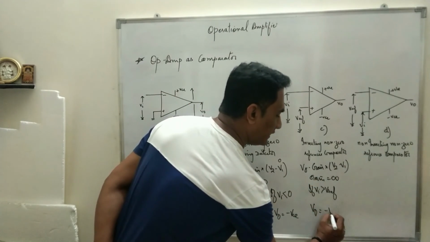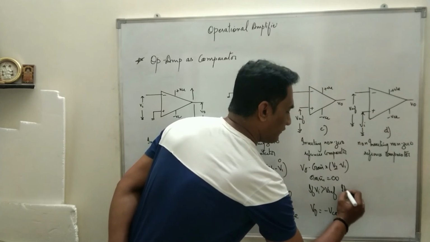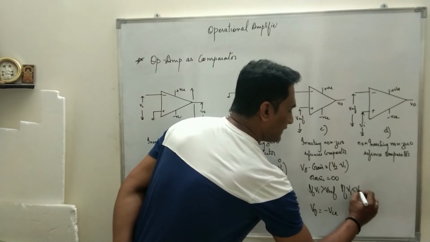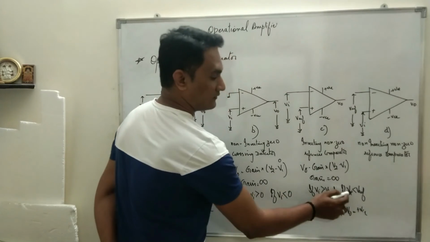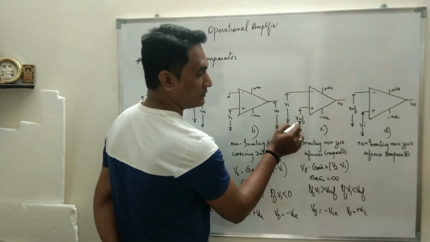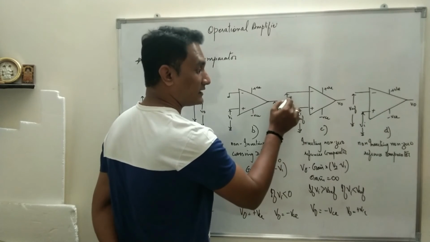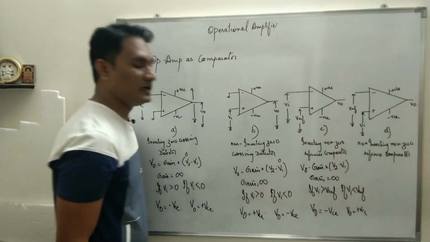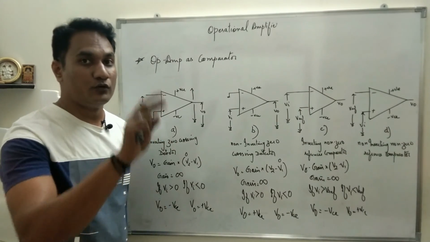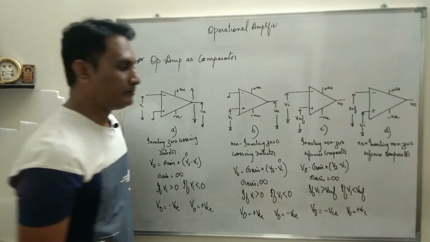So V0 will be minus VCC, and if Vi is less than V reference, V0 will be plus VCC. Vi is less than V reference, that means V reference is greater than Vi, so the difference between these two will be positive, so the output voltage will be plus VCC. So that is how two input voltages can be compared.